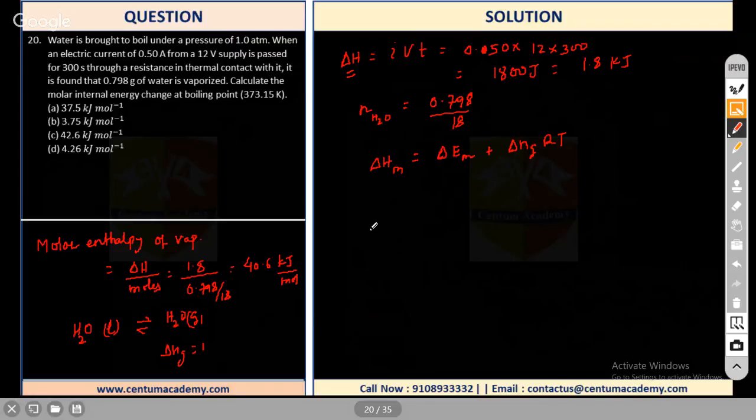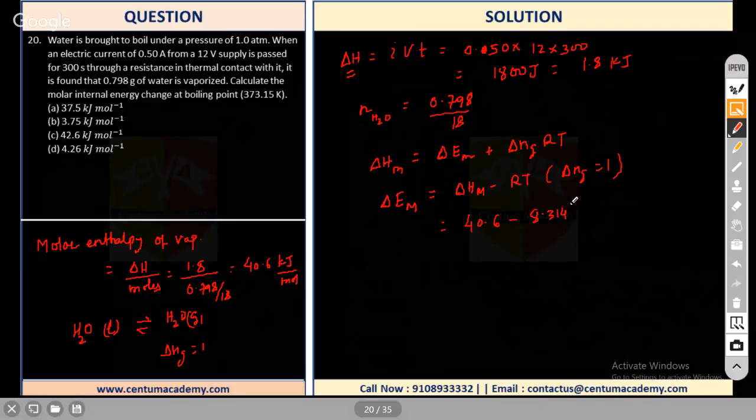Okay, now we'll substitute this term here. So del Em we have to find out. That will be del Hm minus RT, because del Ng is equal to 1. Del Hm is 40.6 minus RT. We'll substitute, since it is in joule, 8.314.